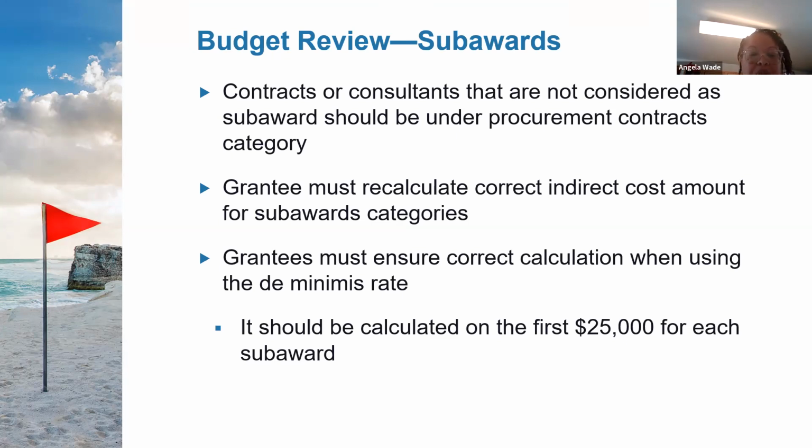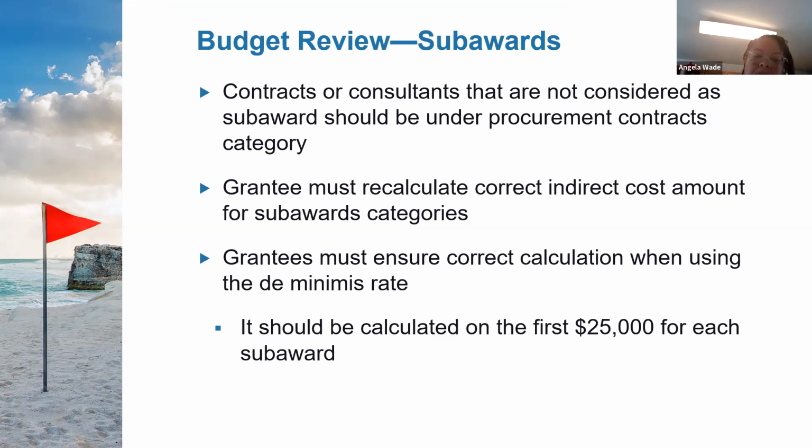You also want to make sure that when you're calculating out your indirect costs for the indirect cost category, if you have subawards, you're only including the first $25,000 for the entire cost of that subaward.